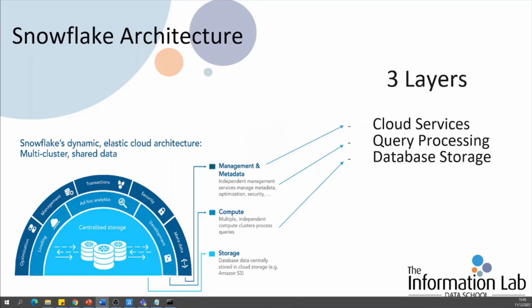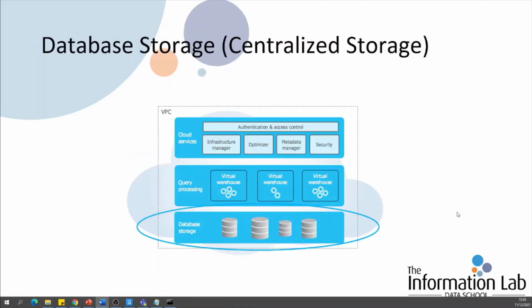It uses MPP compute clusters where each node in the cluster stores a portion of the entire dataset locally. This approach offers the data management simplicity of a shared disk architecture, but with the performance and scale-out benefits of shared nothing architecture. Snowflake's unique architecture consists of three key layers, namely database storage, query processing, and cloud services.